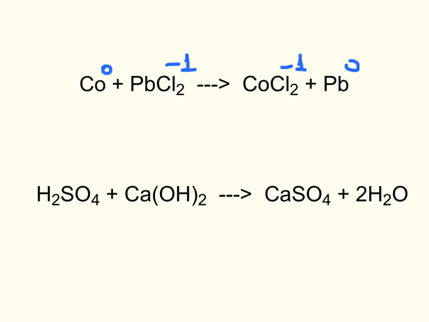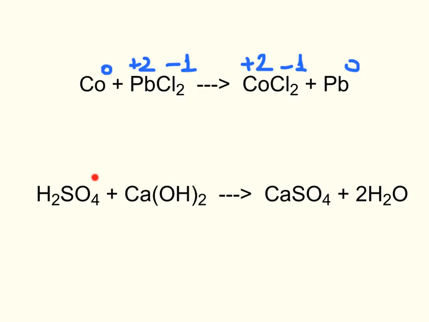So to balance out the minus 2 that is here on the two chlorines taken together, we have to assign oxidation number plus 2 for the cobalt and plus 2 for this lead. And you can see that here the cobalt was 0 oxidation number and it became plus 2. And lead that used to have the oxidation number plus 2 eventually has the oxidation number 0.